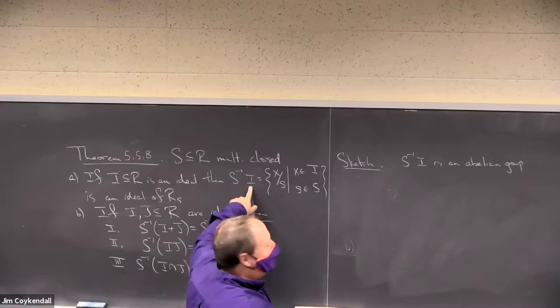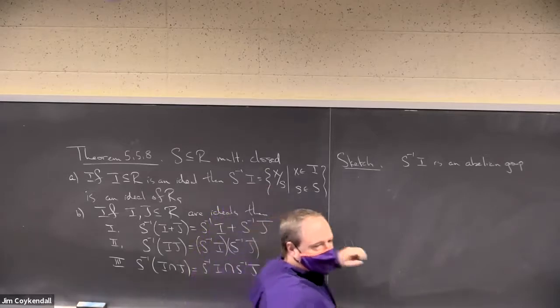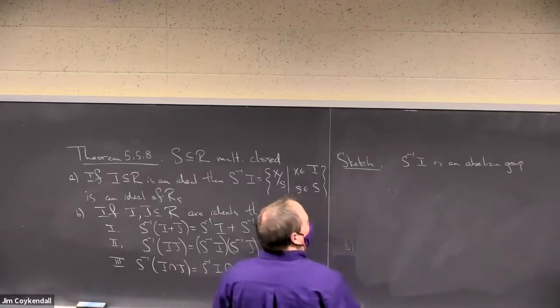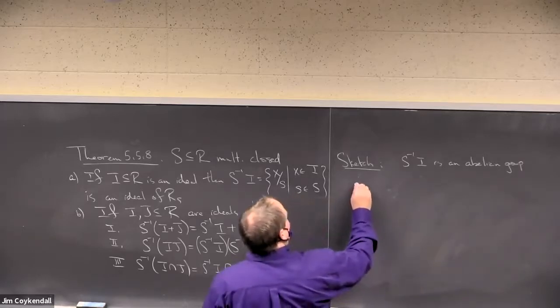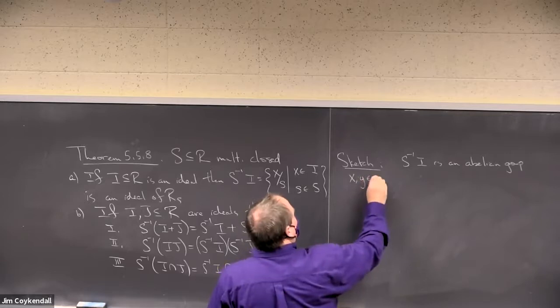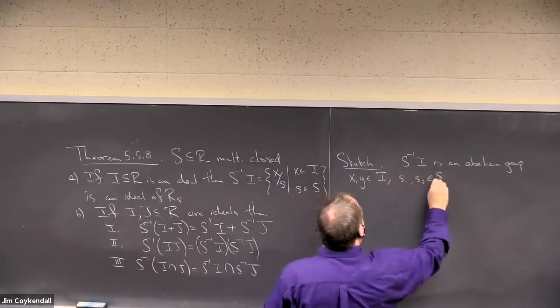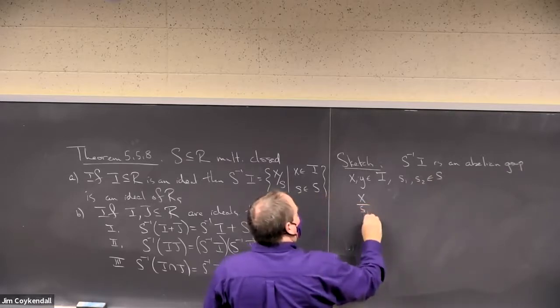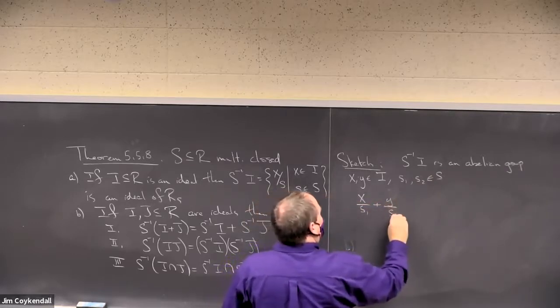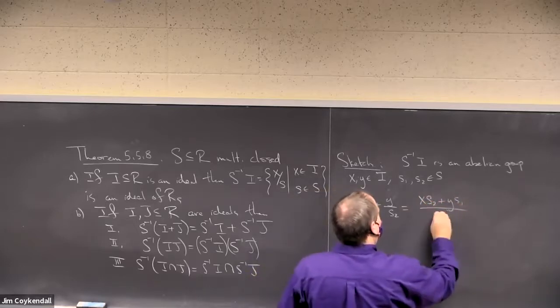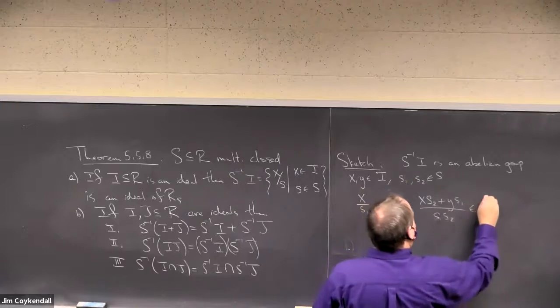Well, because in the strictest sense of the word, I itself is a ring. Actually, let me be a little more careful, because you have x, y in I, and s1, s2 in S, and x over s1 plus y over s2 equals (x s2 plus y s1) over s1 s2.